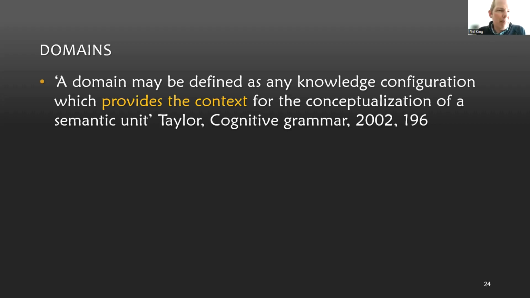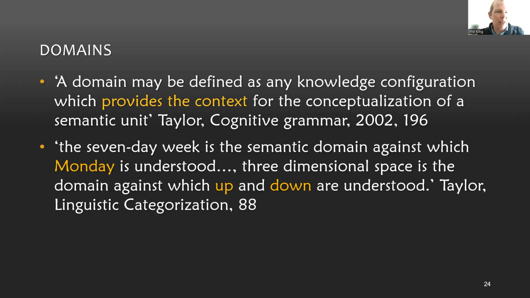It says, a domain may be defined as any knowledge configuration which provides the context for the conceptualization of a semantic unit. It's the background, the context, which helps us understand a word or a semantic unit. And he gives an example. The 7-day week is the semantic domain against which Monday is understood. Three-dimensional space is the domain against which up and down are understood, and so on.